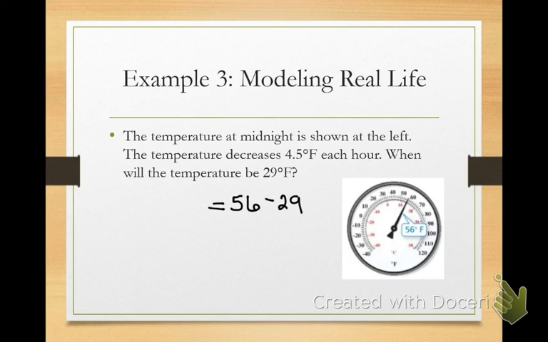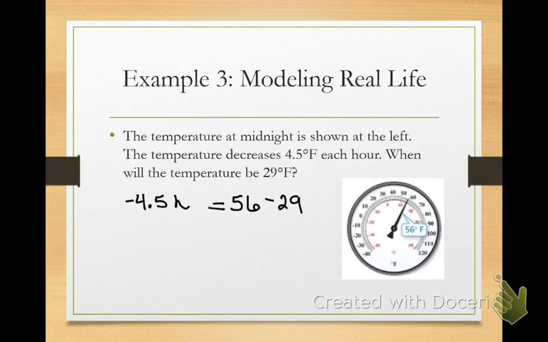All right, so this is going to give me the difference, which needs to be my total that I'm dividing by. Now, if I'm decreasing by 4.5 degrees, is that going to be positive or negative? Negative 4.5 times H. Okay? Now, what is 56 minus 29?